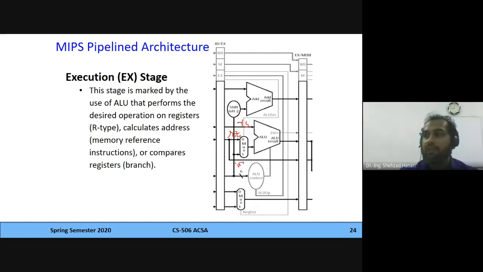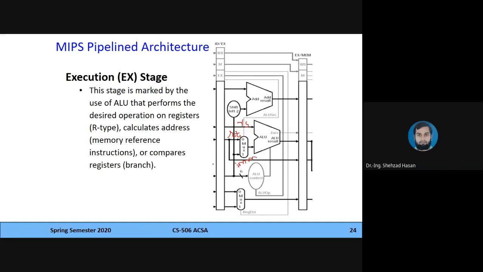So the operations that are possible are RS with RT, or RS with an immediate value, right? So these are the possible operations here. So you cannot have an RT with an immediate value. You can always have RS with RT or RS with immediate value. So if there are two registers, that is RS and RT always, and if they are register and immediate value, that is always an RS register in this case.